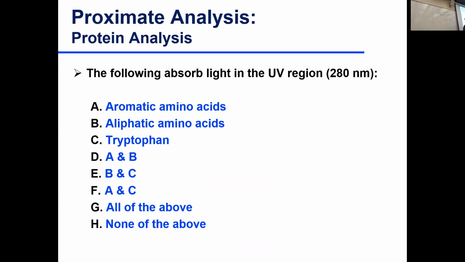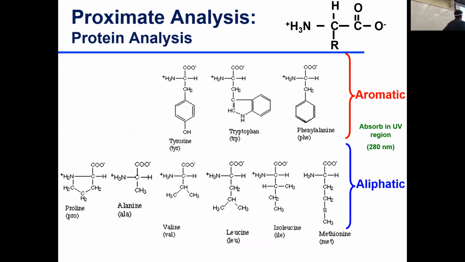There are 3 aromatic amino acids, and these are tyrosine, tryptophan, and phenylalanine. So these 3 absorb light at 280 nanometers. These are the only 3 amino acids in protein that absorb light at 280 nanometers.